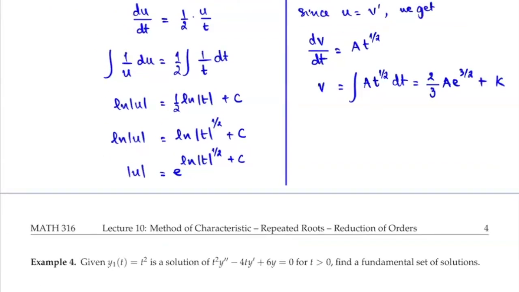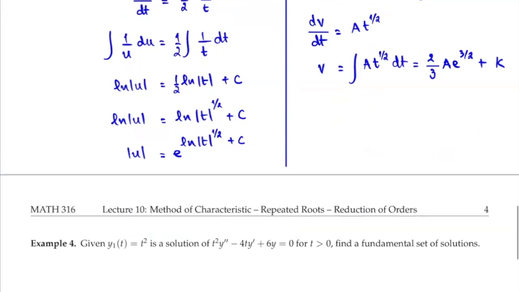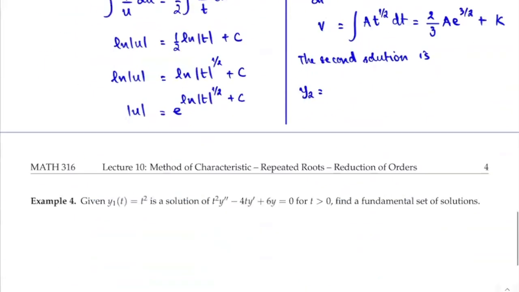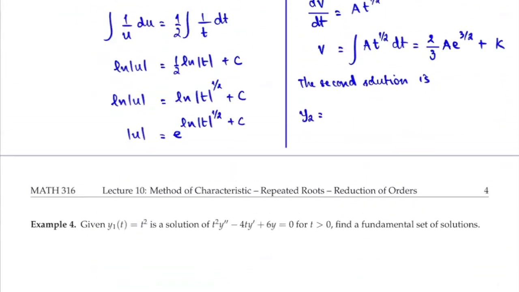And therefore, when you know v, you can arrive at the second solution. So you have y2 is equal to v times 1 over t.